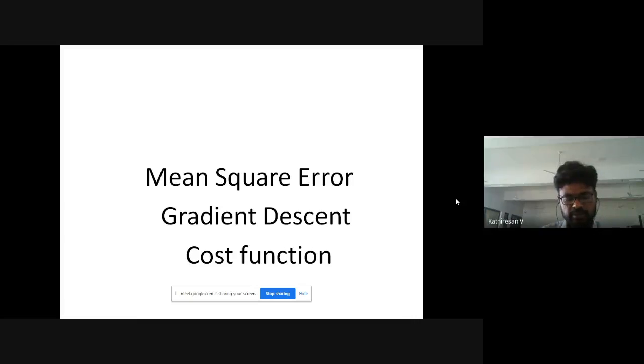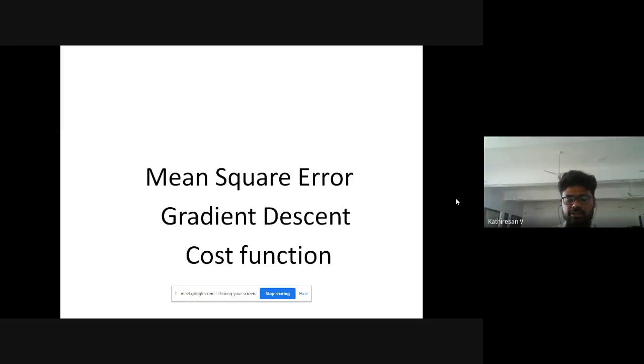So last class we discussed the need for the gradient descent algorithm in linear regression, and what the role of mean square error in linear regression is, how it deals with the gradient descent algorithm, and we discussed what a cost function is. We started this topic last session itself.